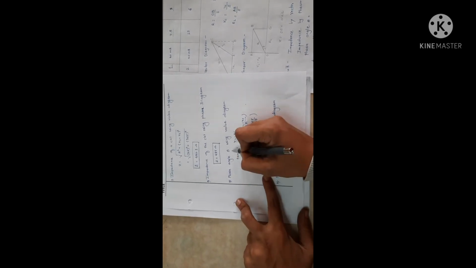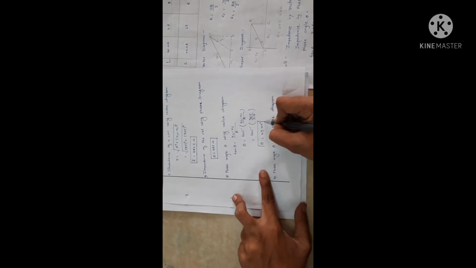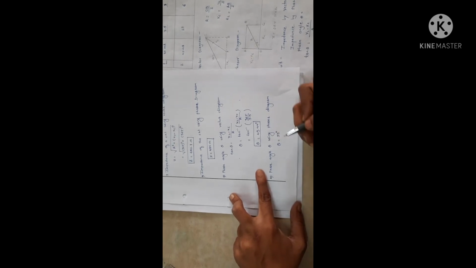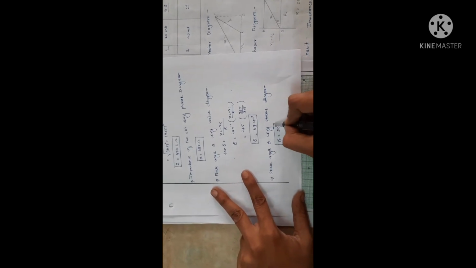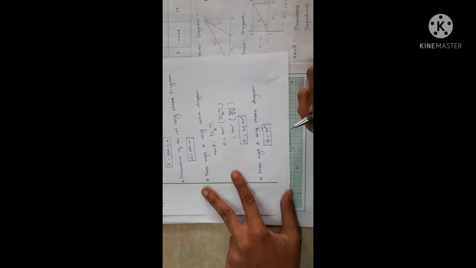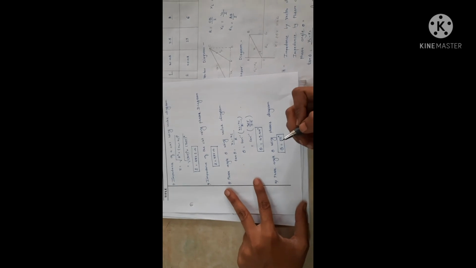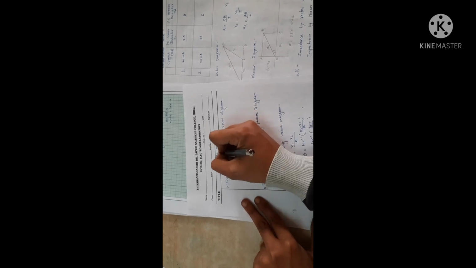Also the phase angle using the vector diagram, theta equal to 49.44 degrees, is nearly equal to the phase angle theta using the phasor diagram, theta equal to 50 degrees. These are the results for 20 milliampere current, for I equal to 20 milliampere.